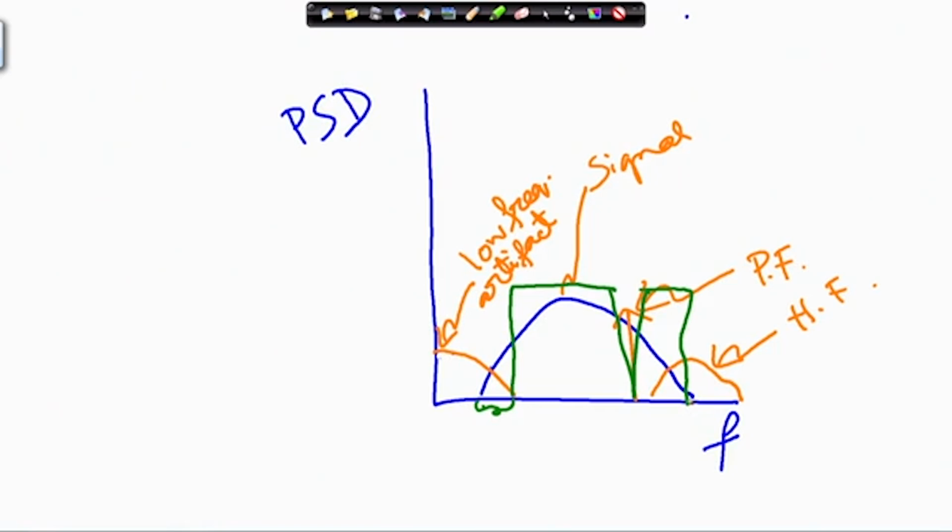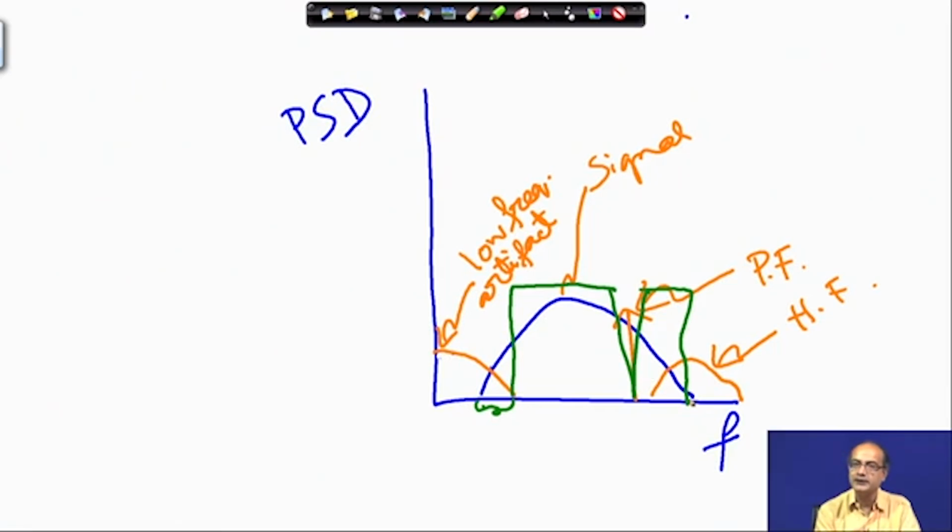In the right hand side boundary, if we look here, then by choosing it here, we are making sure that we are taking all the signal energy, but then for this band we are accepting a good part of the high frequency noise also.